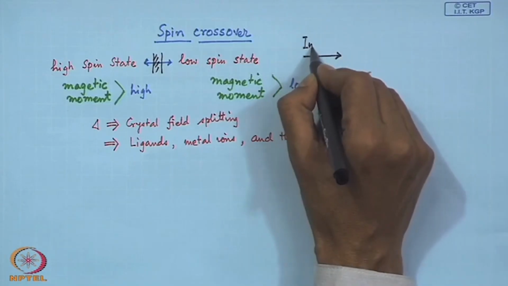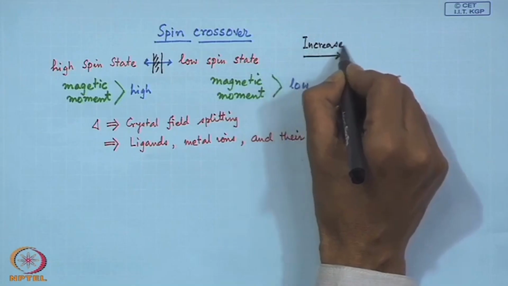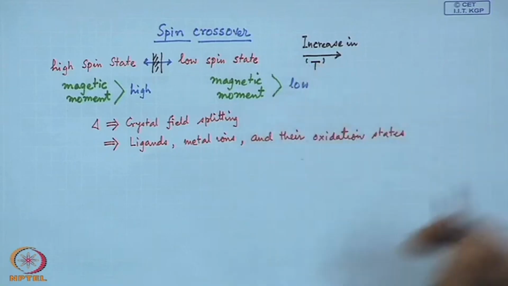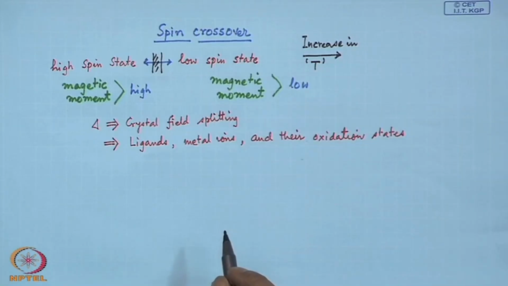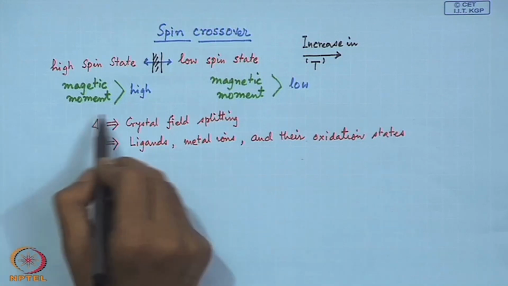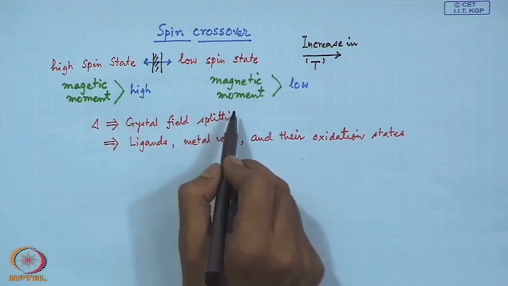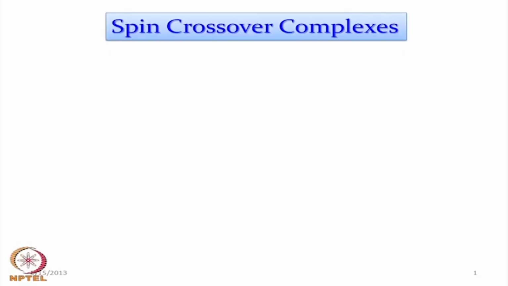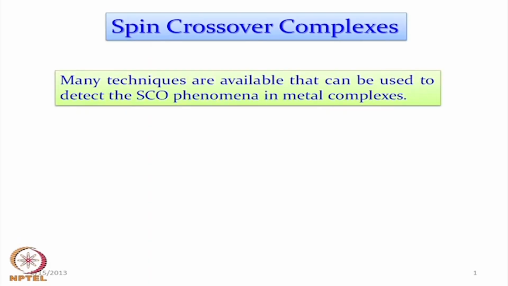With the increase in T value, we will find that the corresponding spin state will be changing from one particular position to the other, and at the same time we will be using the corresponding magnetic moment values for the characterization. So these compounds, when we consider them as the corresponding complexes, are also known as spin crossover complexes or SCO complexes in coordination chemistry or transition metal chemistry.